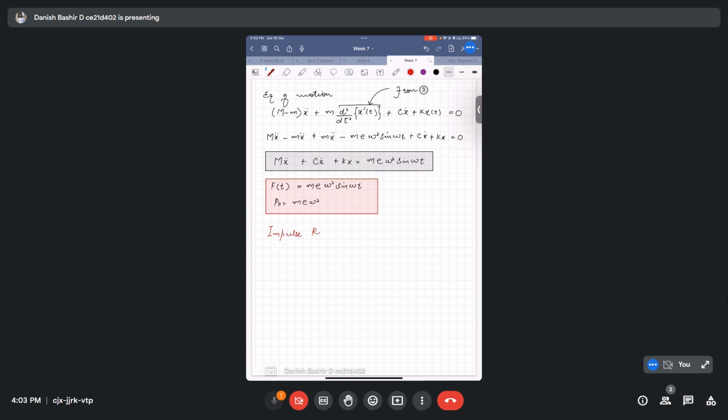For studying the impulse response function, we have to first understand what we mean by the Dirac delta function.